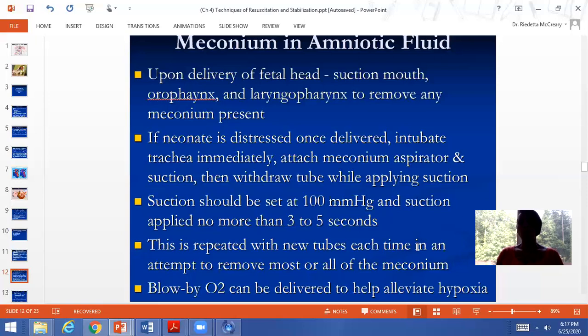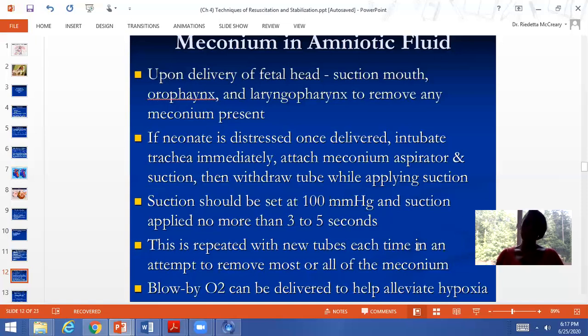The goal, once we deliver a baby that had meconium present in the amniotic sac, is to not vigorously stimulate them. The goal is to bring the baby out.